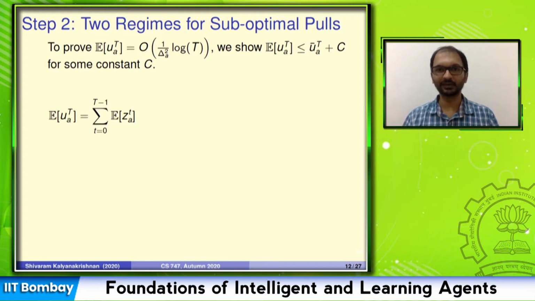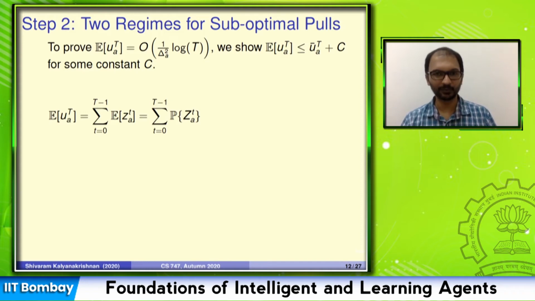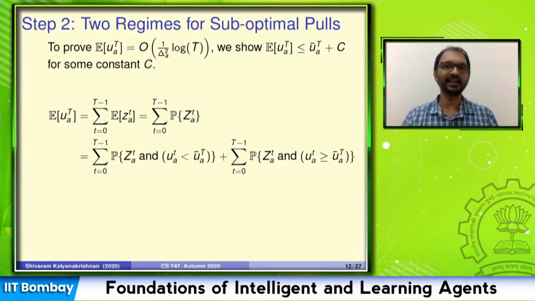Let me lay down the steps for doing this. We know that the expectation of capital U_tA is the sum of the little z_tA, and by the equivalence we have shown before, that's the sum of the probability of capital Z_tA. Now, the probability of Z_tA can be written down as two things. U_tA, the number of times arm A has been pulled, is either less than U bar_tA, which is a constant, or greater than or equal to that.